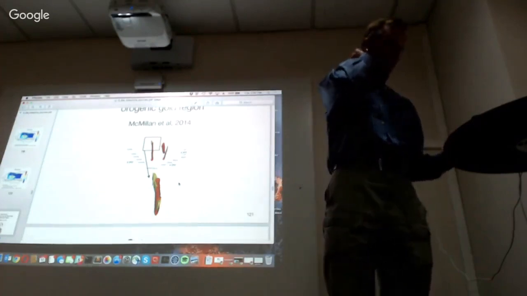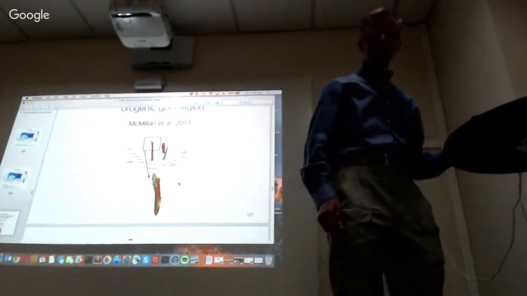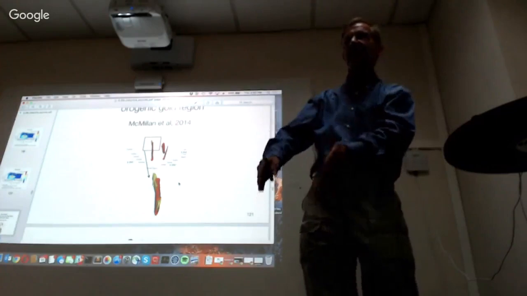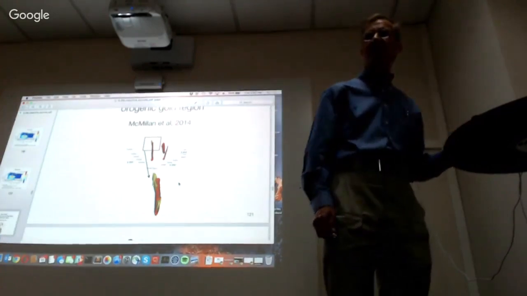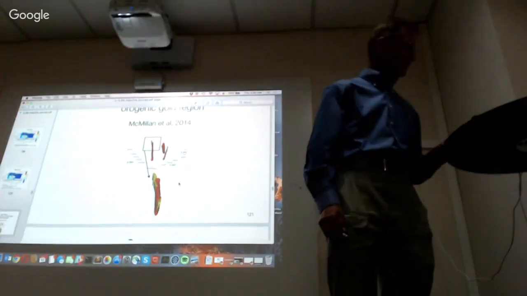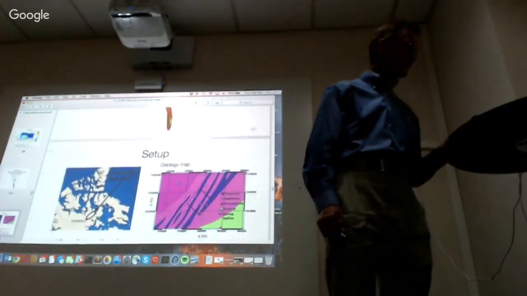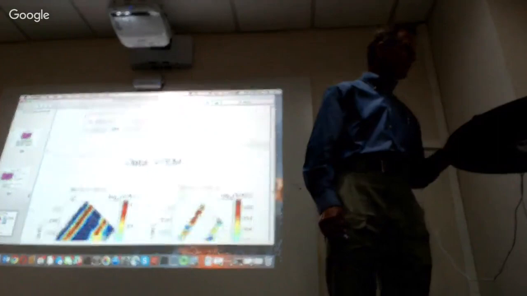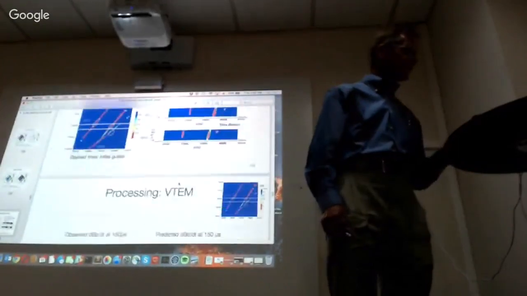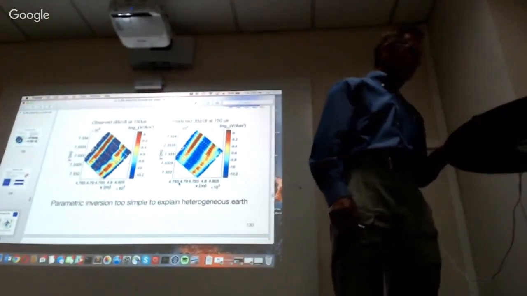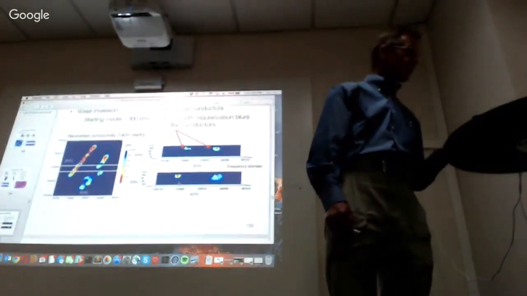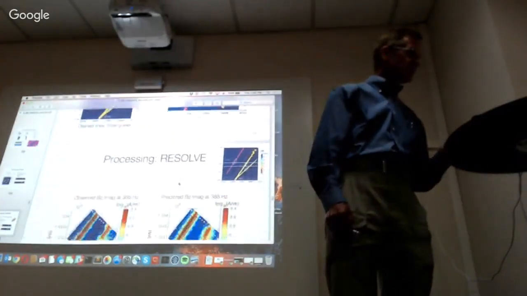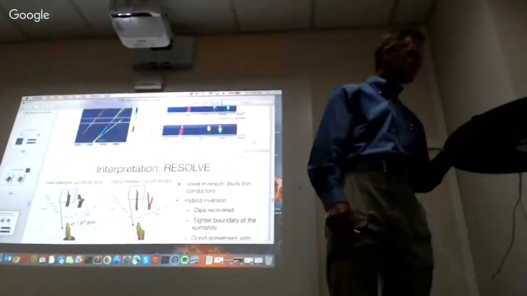There we use a bit of a hybrid scheme to get a parametric model as well as a voxel model with both frequency and time domain EM, and get pretty good recovery. So for people who are interested in EM for minerals, these turn out to be pretty nice case histories.